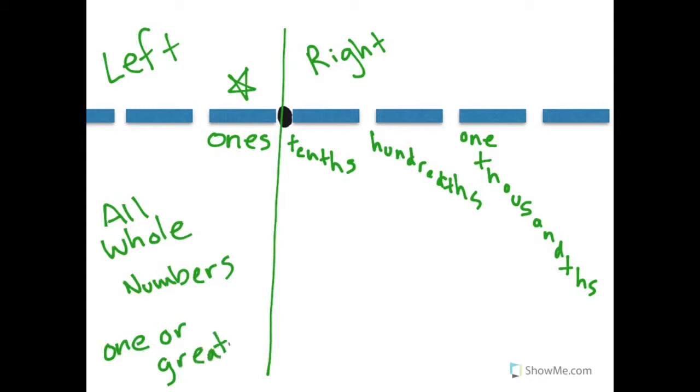Good. Okay. That means that everything that's to the right are what? All fractions. Let me get that written down here. So every single one of these over here, they're the same thing as fractions. They just look different. What else are they? Decimal place values. Yeah, they're decimal place values. Good.